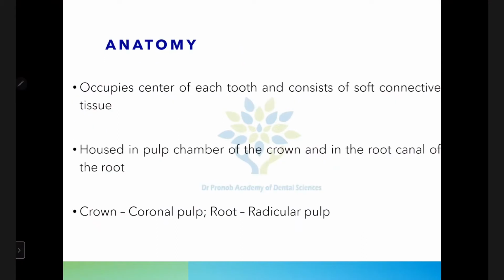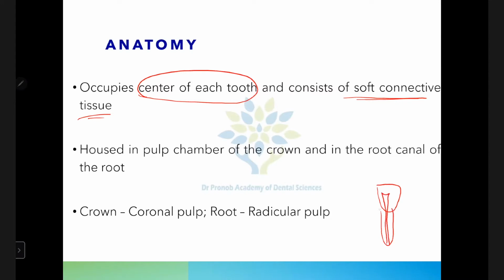Now coming to the anatomy. Pulp occupies the center of each tooth and it consists of soft connective tissue. The pulp is present in the center, right? I'm talking about single rooted teeth. If you observe a single rooted tooth, an incisor, you will be able to imagine. This pulp is occupying the center of each tooth and it is made up of connective tissue.